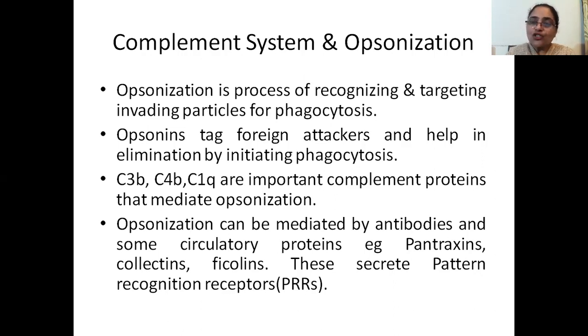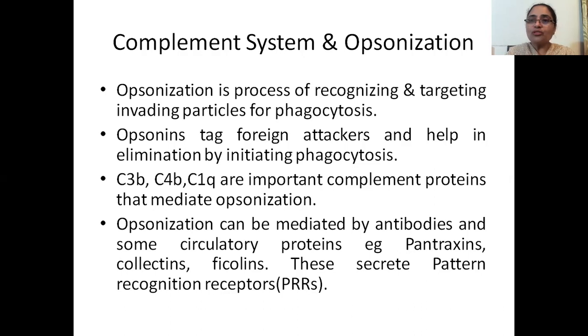What is opsonization? Opsonization is just recognizing the enemy, and tagging that enemy. Opsonins will tag. Why is this tag essential? Because some pathogens repel the immune cells, as their cell walls have the same charge as the immune cells. So they get repelled, and the immune cells are not able to phagocytose or engulf them.